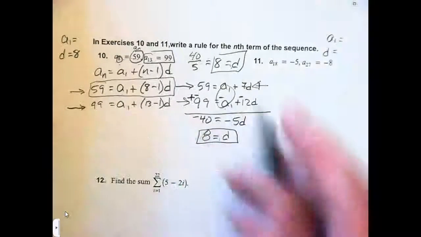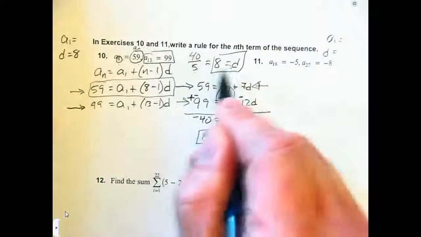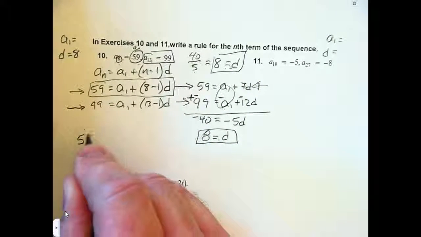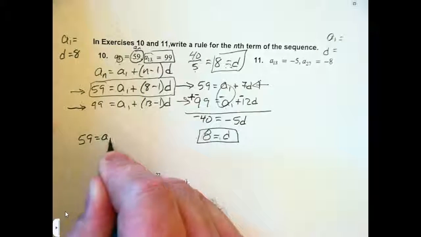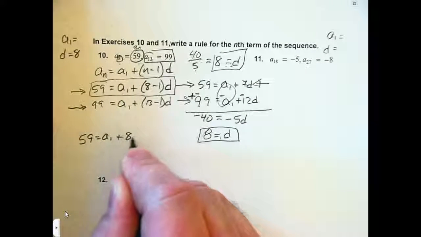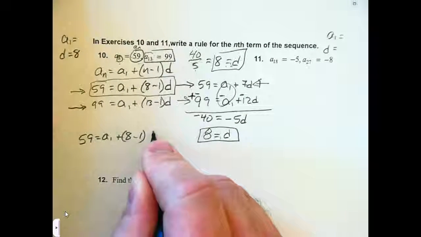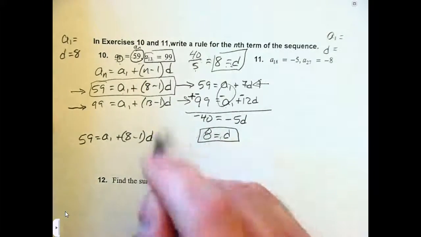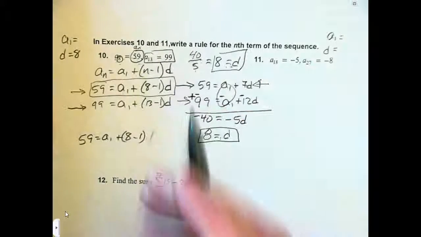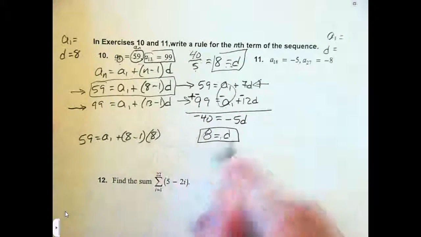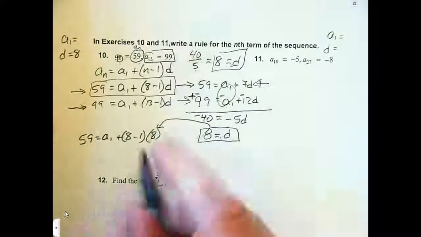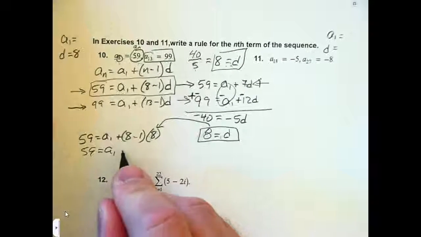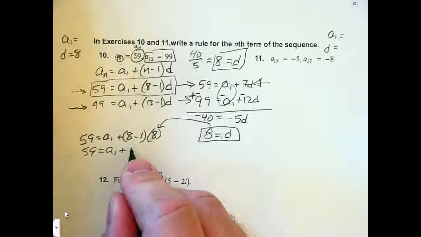So, for instance, if you said, hey, I'm going to go this route because it's faster, okay, that's fine. Just make sure you can write out 59 equals a sub 1 plus 8 minus 1 times d, and you can get that information from here, and then you can put in 8 for d. So we substitute that 8 in right there for that d, and you get 59 equals a sub 1 plus 56.